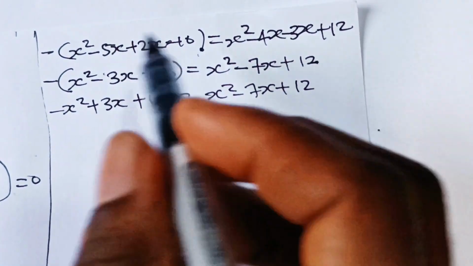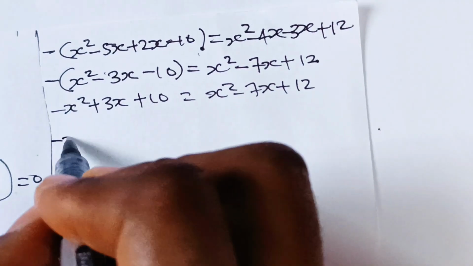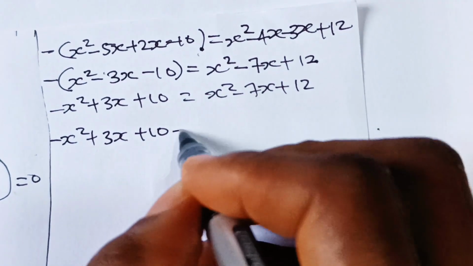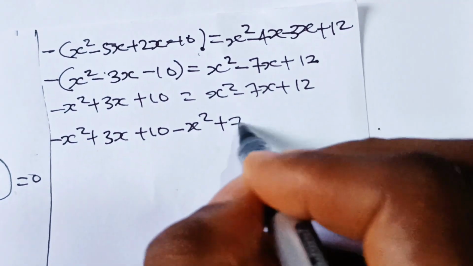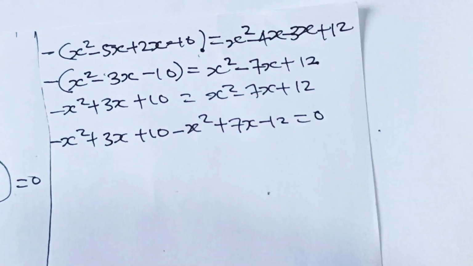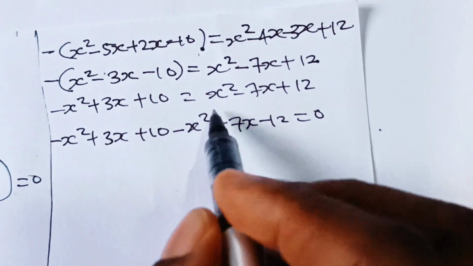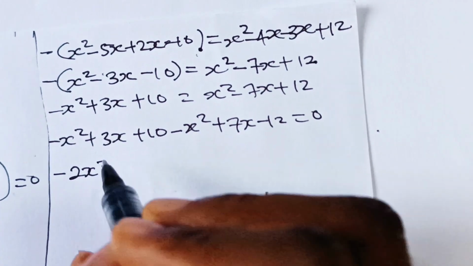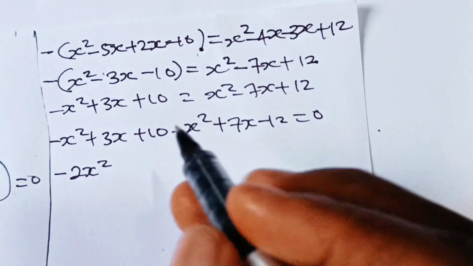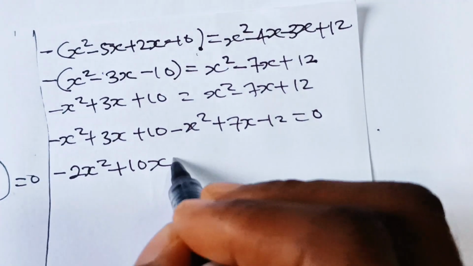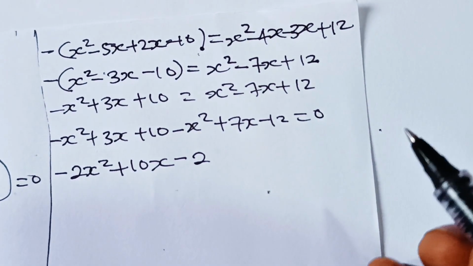Now we are going to bring this to this side. So we have minus x squared plus 3x plus 10 minus x squared plus 7x minus 12 is equal to 0. Now if we solve, minus x squared will give us minus 2x squared, 3x plus 7x will give us plus 10x, 10 minus 12 will give us minus 2.